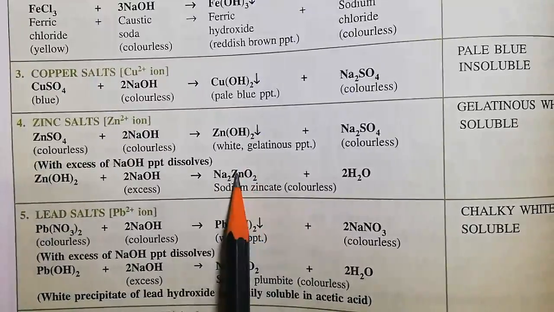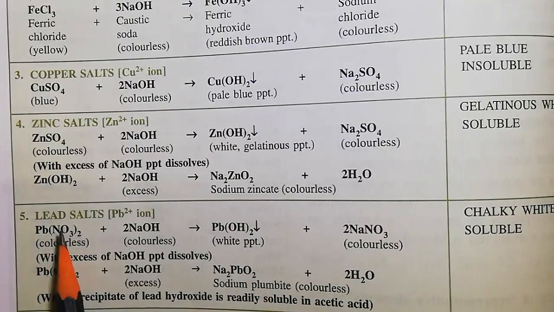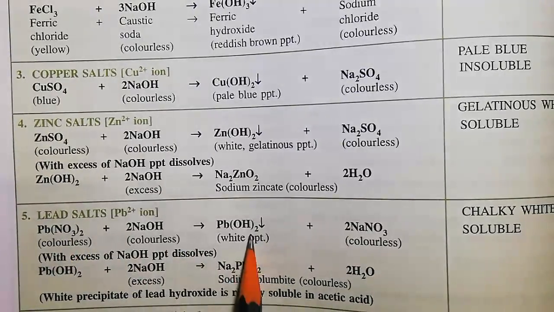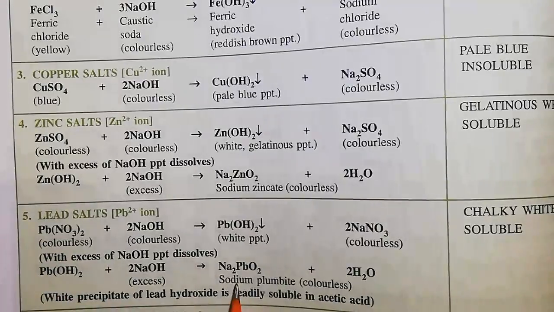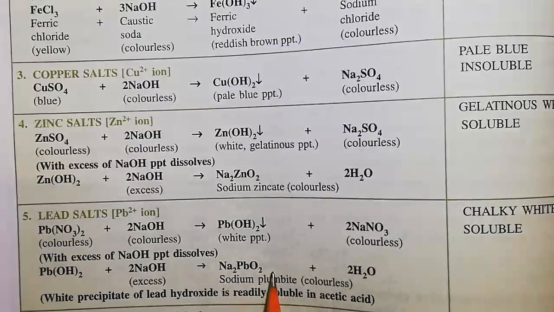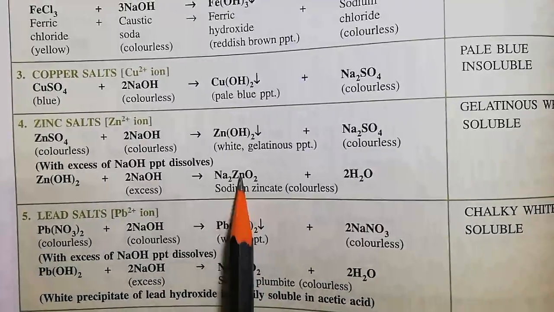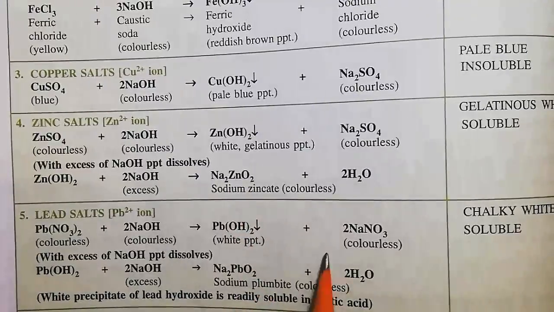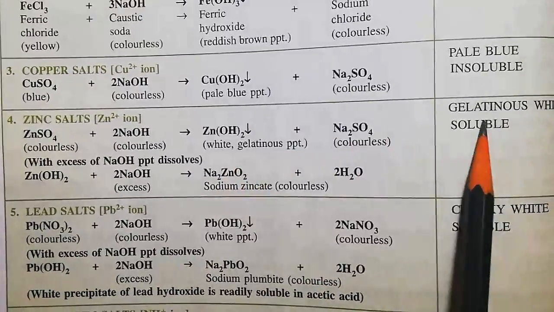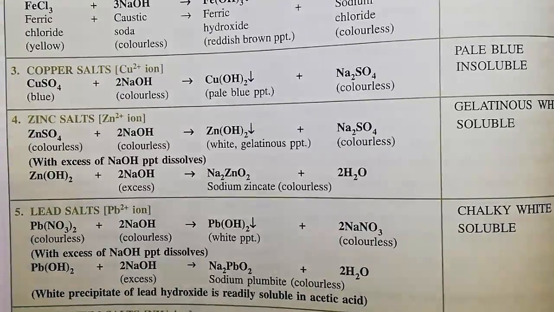The similar kind of reaction is also observed for lead, initially lead hydroxide, and with excess NaOH sodium plumbite, because sodium zincate and sodium plumbite are soluble in excess NaOH as they are soluble salts. And the color, it is gelatinous white, and this one is chalky white.